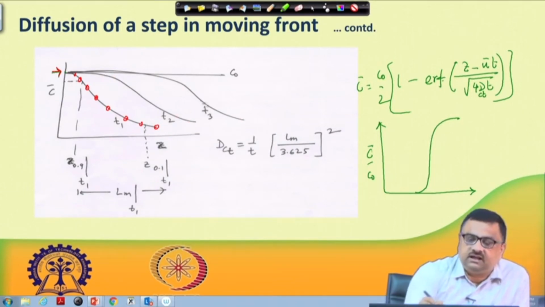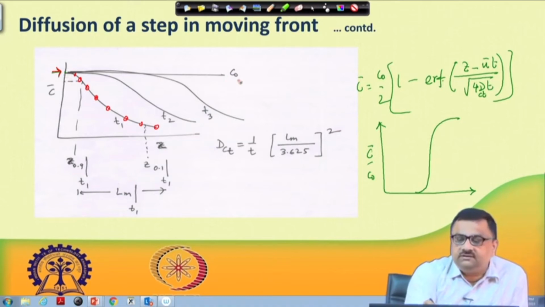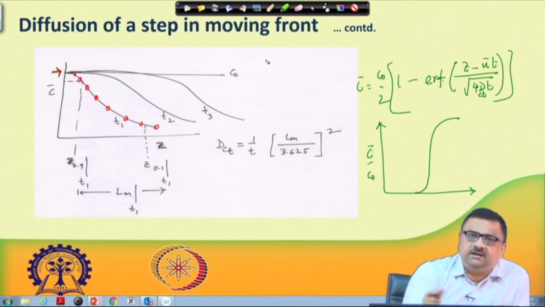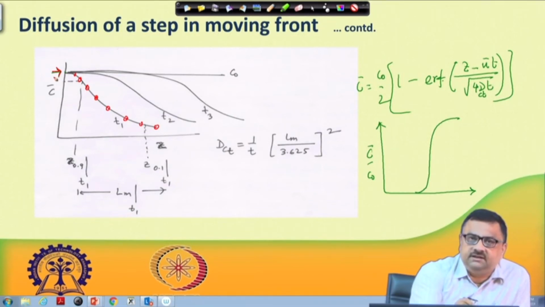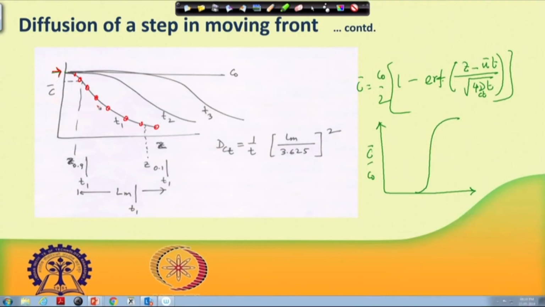These concentrations are noted, and at infinite time one can expect this entire porous medium would be having a concentration C0. So, it is applicable for any porous medium. If there is a step change provided with an unidirectional flow, one can collect these points.